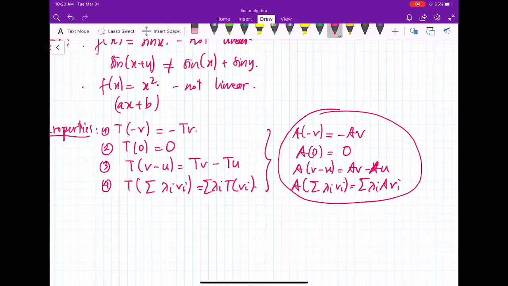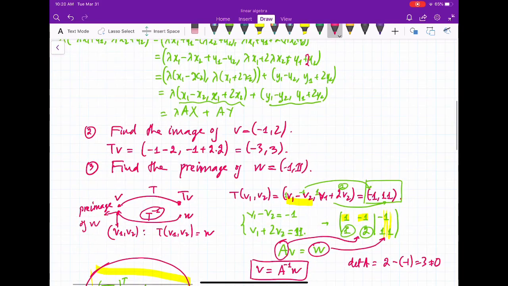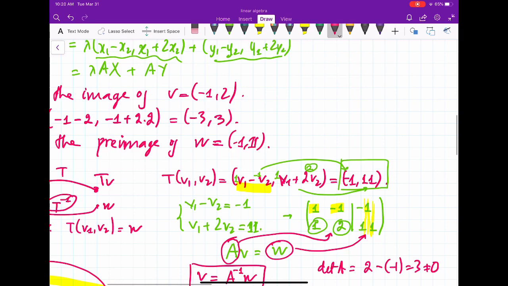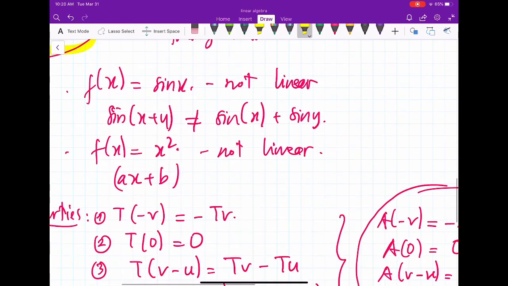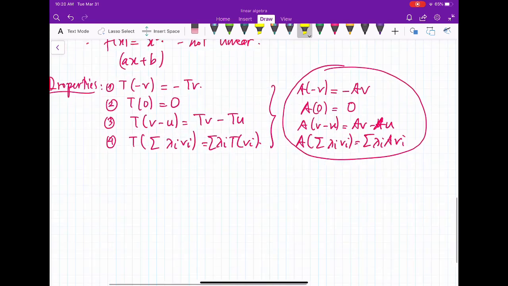Now, in the very first example, they give us the formula of the linear transformation. They ask us to find the image of vectors. That's good. If you have a vector, you just plug coordinates into the formula of T to find the image. But now, in many cases, we don't have that. But suppose you do experiments, right?